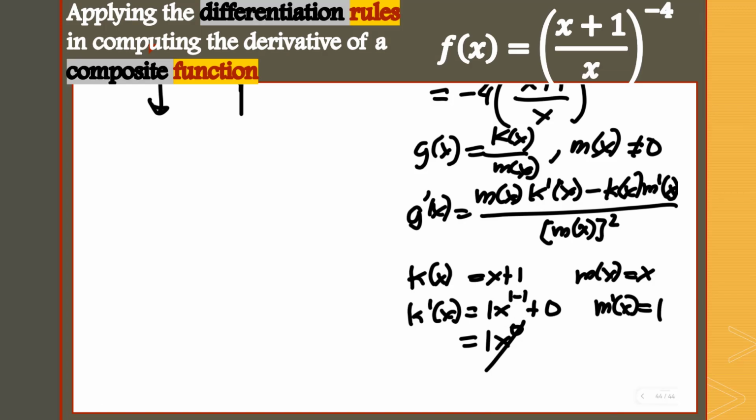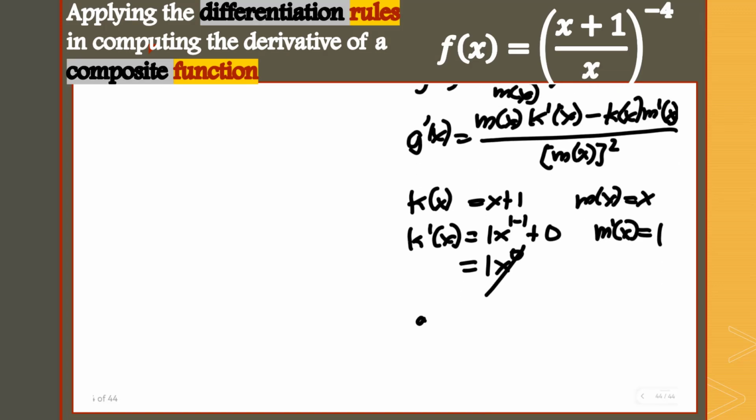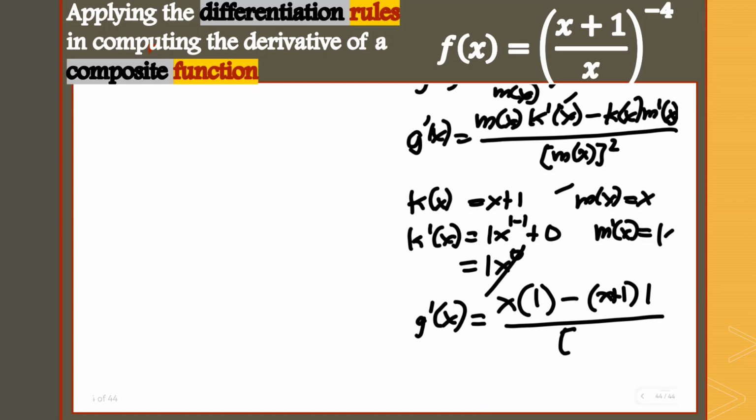With all of this in mind, let us use here our g prime of x: the denominator m of x, x, times the derivative of our numerator 1, minus our numerator x plus 1 times the derivative of our denominator, which is 1, all over the square of your denominator, which is x.